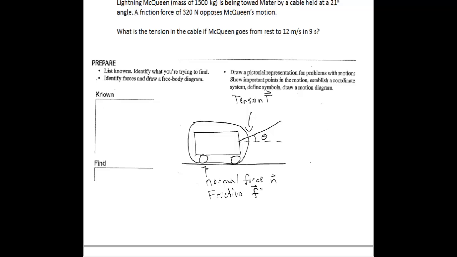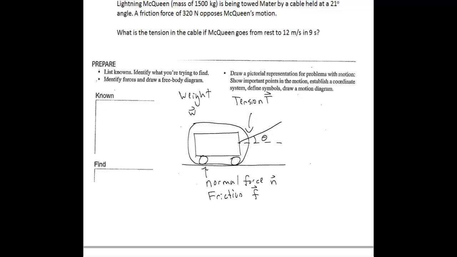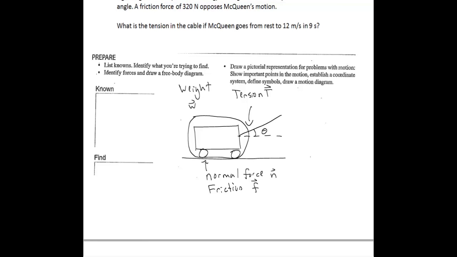We haven't been told what kind of friction it is, so let's just call it little f vector, to give it a name. There's also, as usual, a long-range force, namely weight. So now we have our force identification diagram.